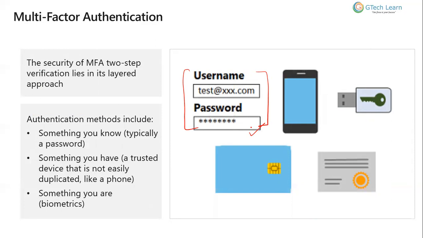Once we have supplied the correct username and password and proved our authenticity, apart from that we have to provide authentication again to access the specific resource. We can have something you know, which is the password, then something you have, a trusted device like our mobile phone, and something you are, where we provide biometric details.